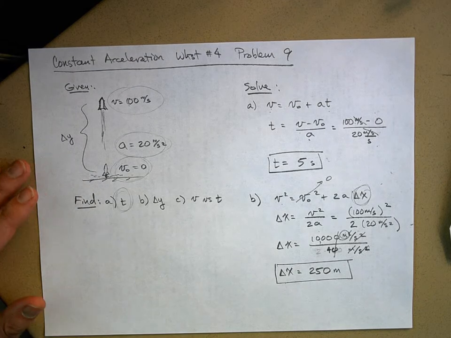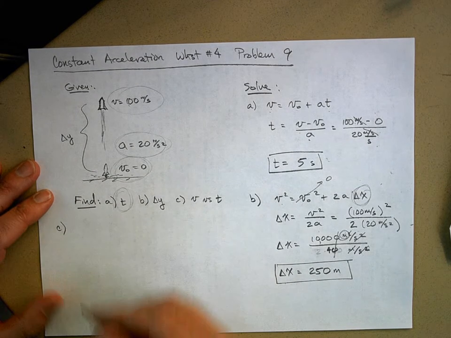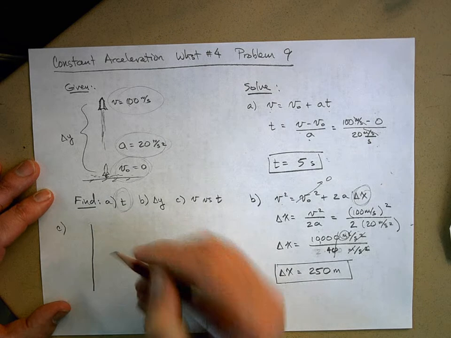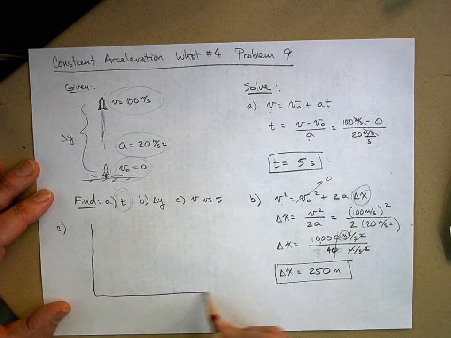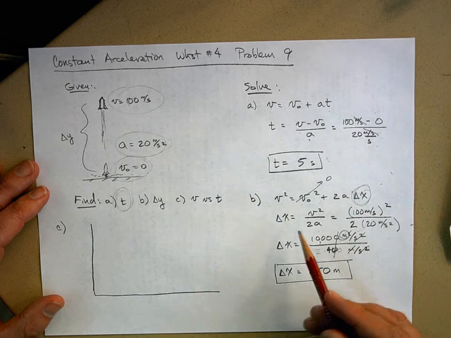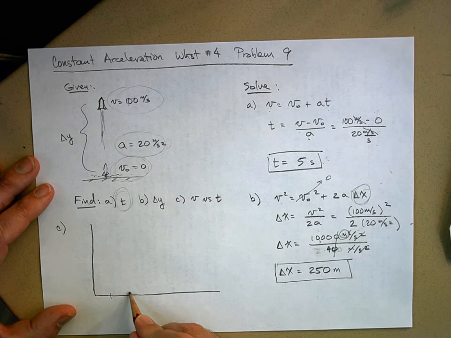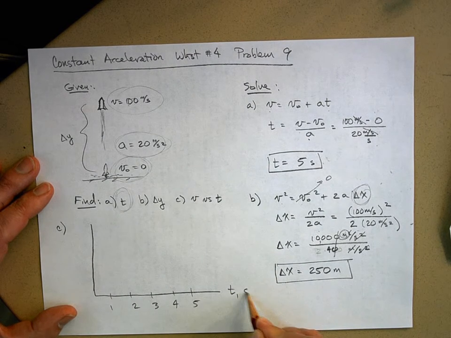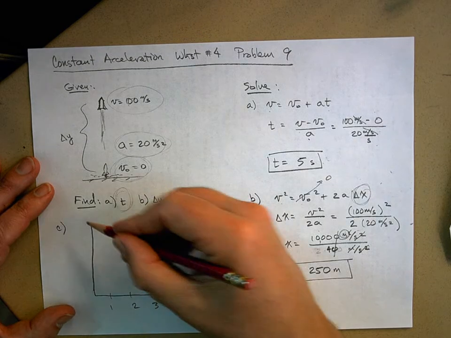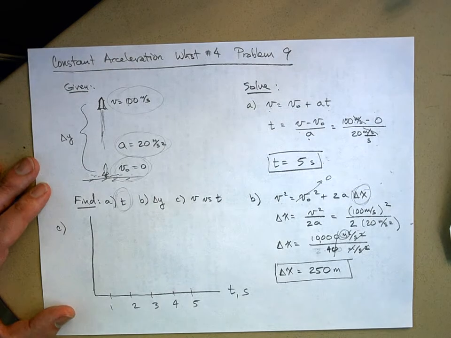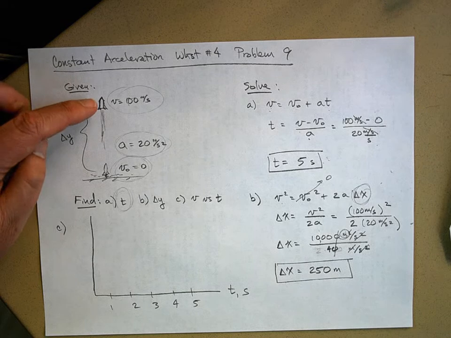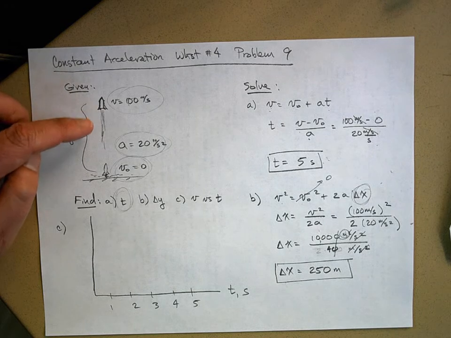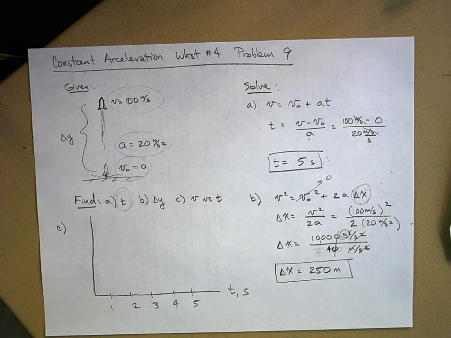Now, we've got to do part C. Velocity is a function of time. We now know the time, 5 seconds: 1, 2, 3, 4, 5. Time in seconds. Now, what was the velocity? Well, the final velocity was 100 meters per second. Actually, that was given, wasn't it?